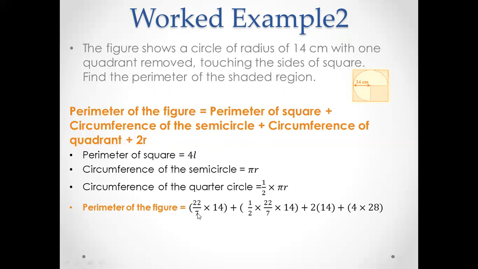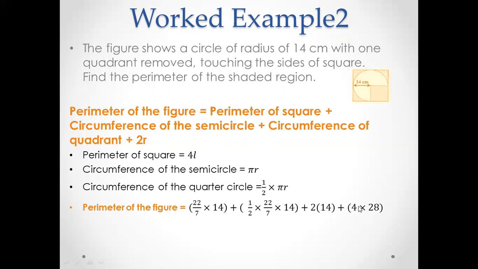The perimeter of the figure is equal to the circumference of the semicircle, which is 22 upon 7 multiplied by 14, which is the radius here, plus 1 upon 2 pi r, which is 22 upon 7 multiplied by 14 again, plus 2r, because r is 14, so we are multiplying 2 by 14, plus 4 multiplied by 28.